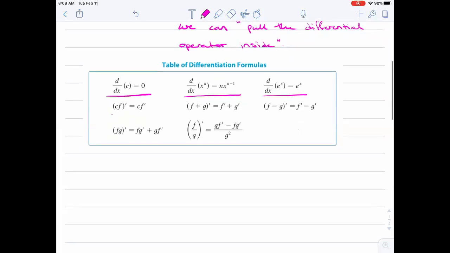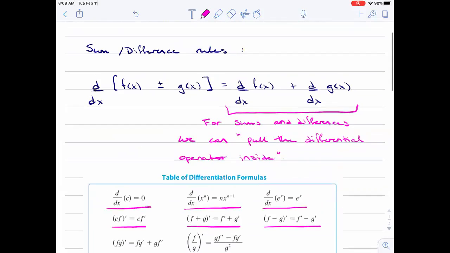We also said that if we've got a constant times a function and we want to take the derivative, that constant can just be pulled outside and we put the derivative on the function. And then again, we've got the sum rule and the difference rule in prime notation.